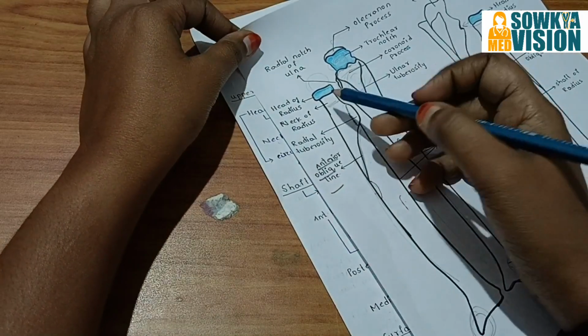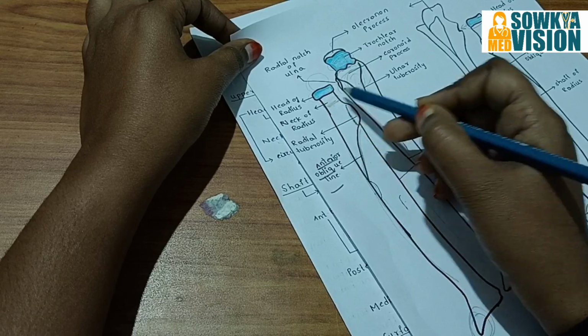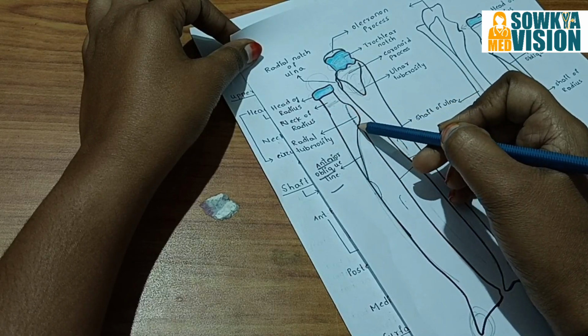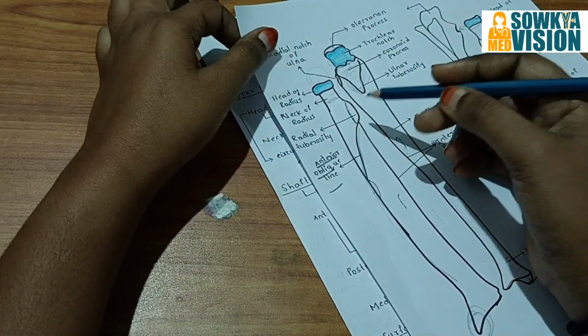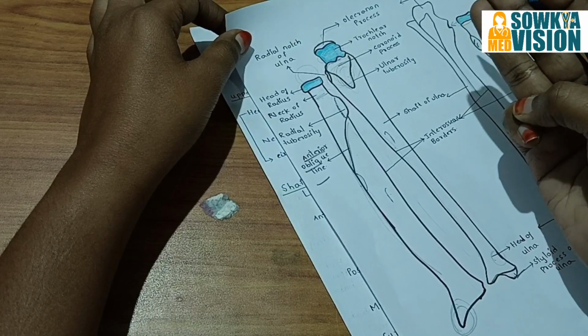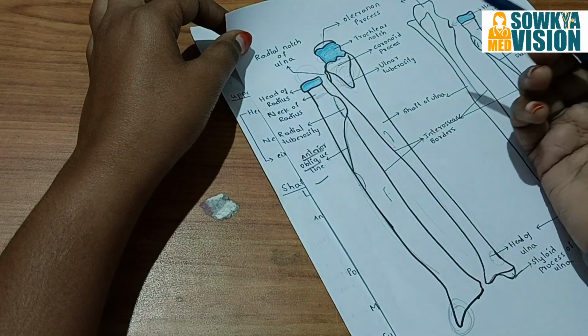Let's see in the picture. See, this is the head of radius. This constricted part is the neck of radius, and this projection-like part is the radial tuberosity. So the main three parts in the upper end of radius are head, neck, and radial tuberosity.